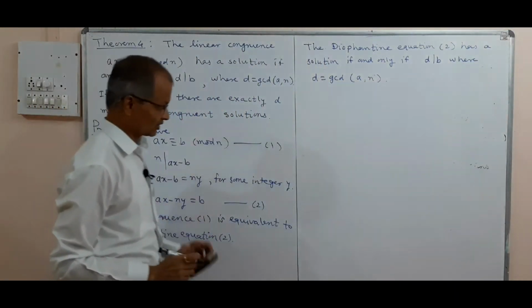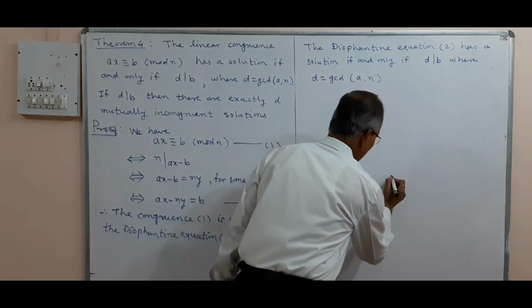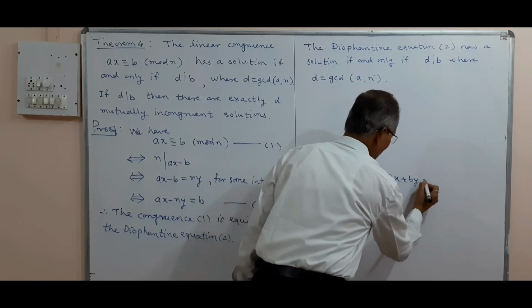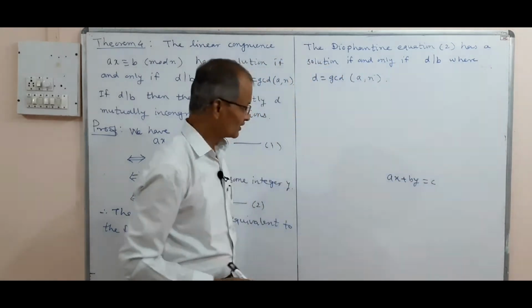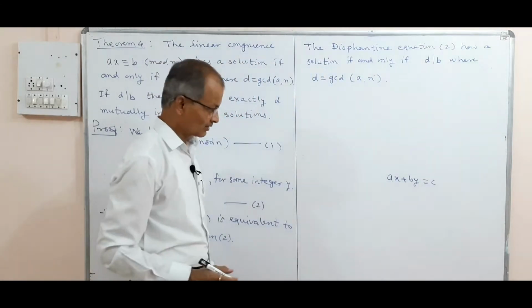There is a change in the notation. Actually, the Diophantine equation is AX plus BY is equal to C, and if the GCD of A and B divides C, then that equation has a solution.